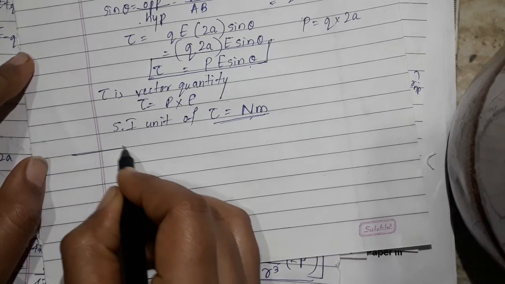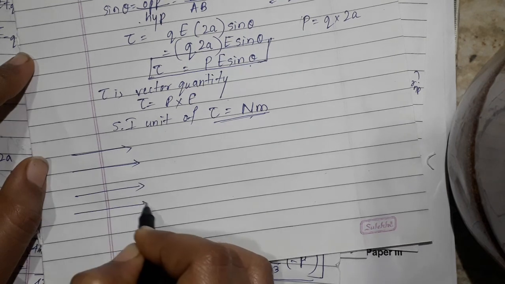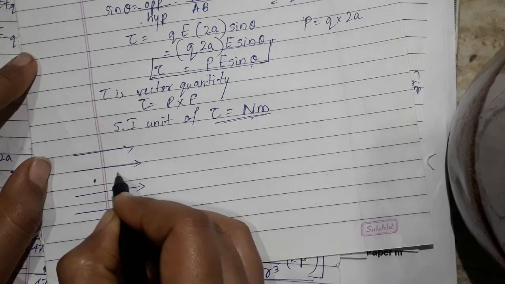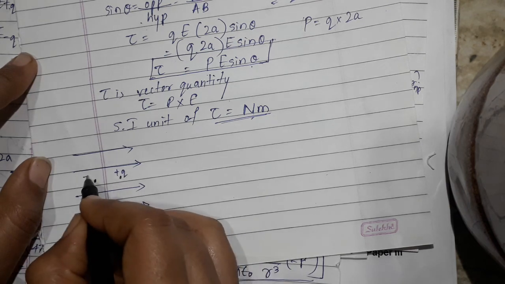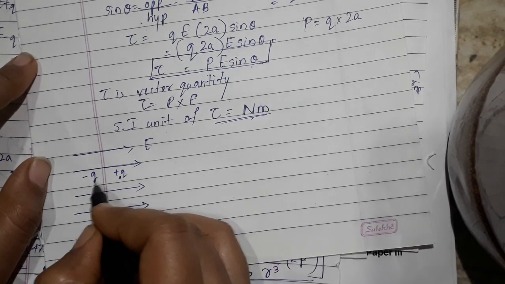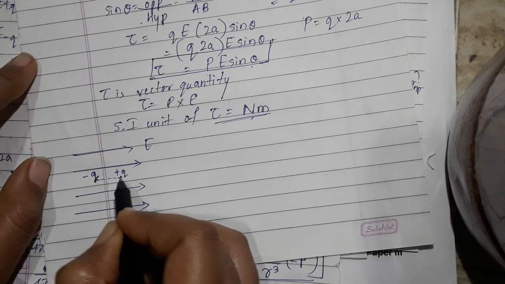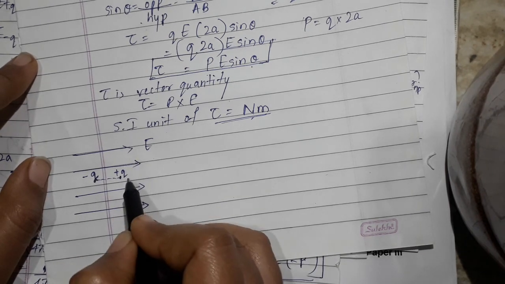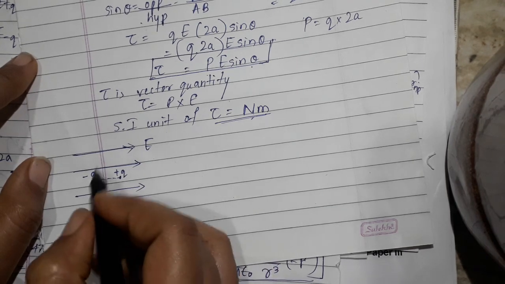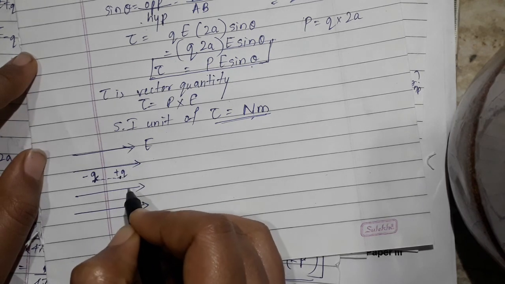Suppose the electric field is in this direction, and the dipole is kept in a small space, with plus q charge here and minus q charge there.